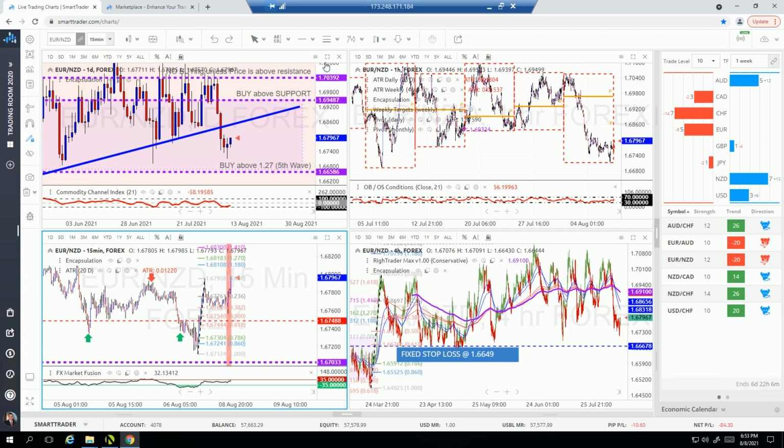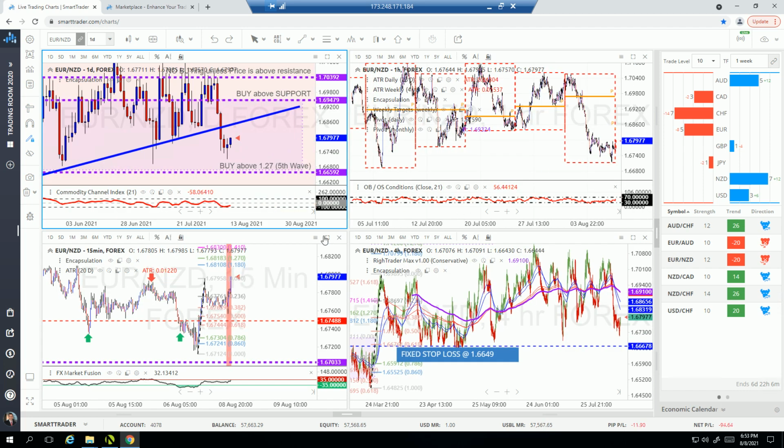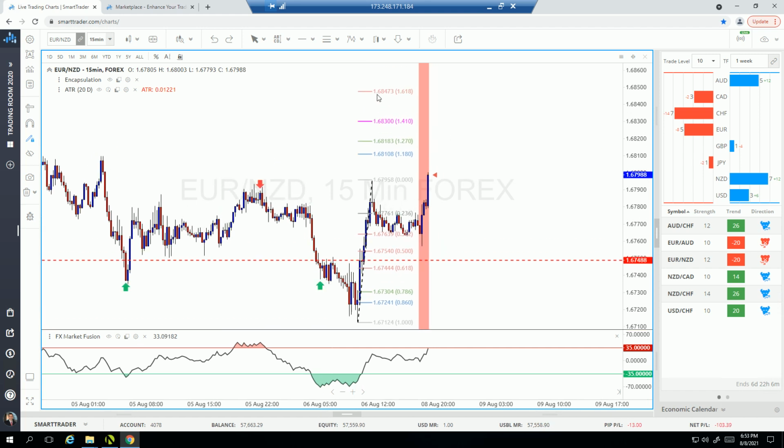Let's find that resistance level again. If you want to write down the price, we can see price can go all the way up to about 1.6850. So 1.6850, that's the number. If we go back here, take a look right here. Can you see where the 1.618 is?